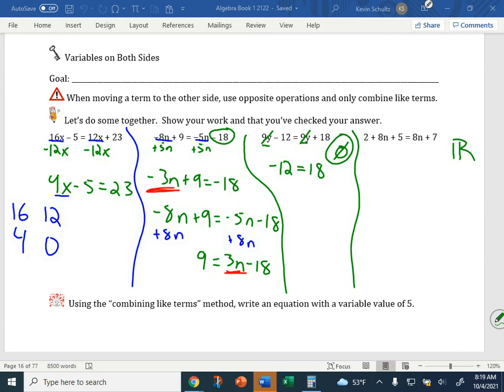We get 7, right? 2 and 5 are both constants, so we can combine them, and that gives us 8n plus 7 on the left side, and 8n plus 7 on the right side. n could be 1, or it could be 17, or it could be 5, or it could be 1 trillion, right?